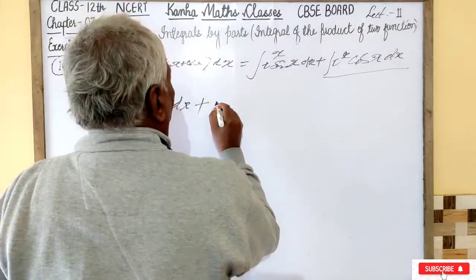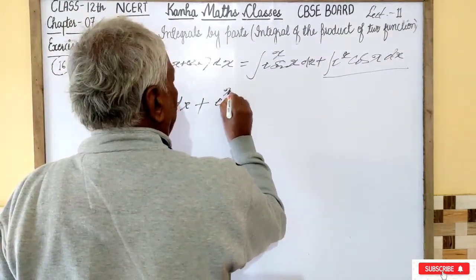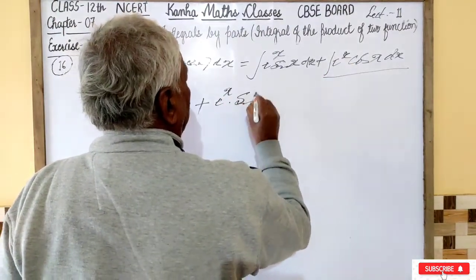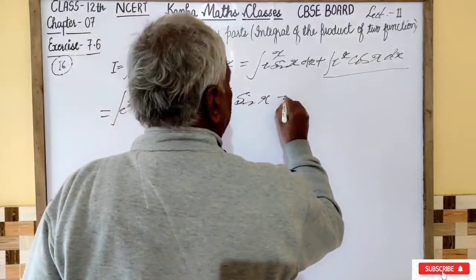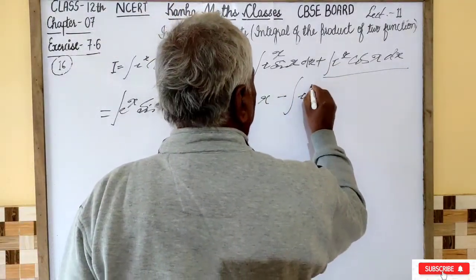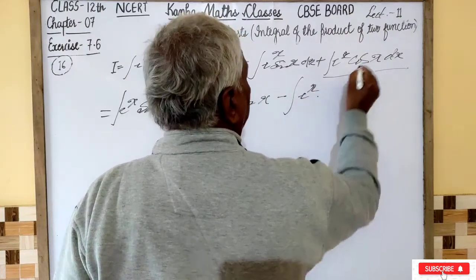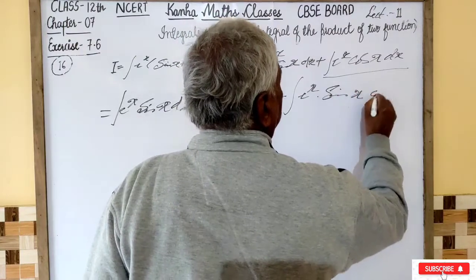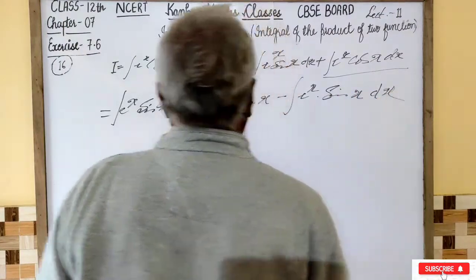Now first function into integral of second, that is sin x, minus integral of differential coefficient of first, that is e^x, and integral of second, that is sin x dx.